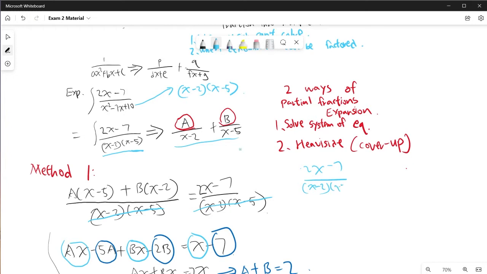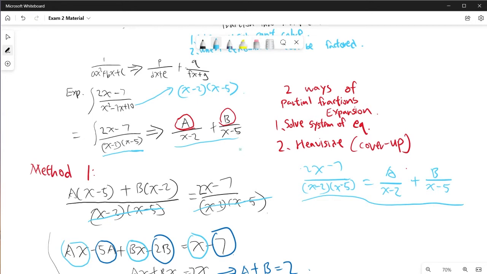This is just the left-hand side, but factored. I'm saying there's a certain fraction plus another fraction that this equals, right? So in this case, how do I solve for a and b? You might say that this equation has three different variables and you only have one equation.